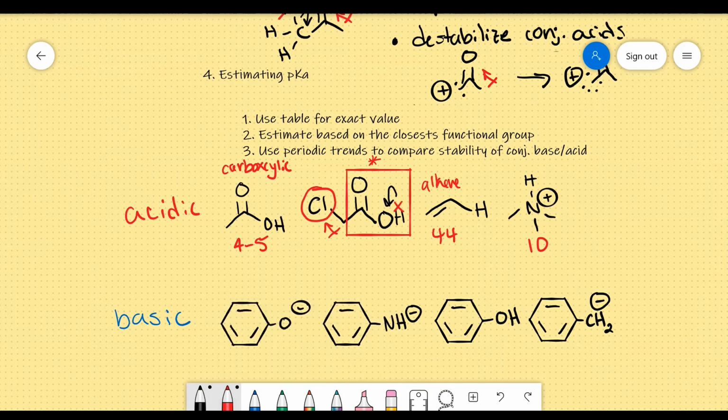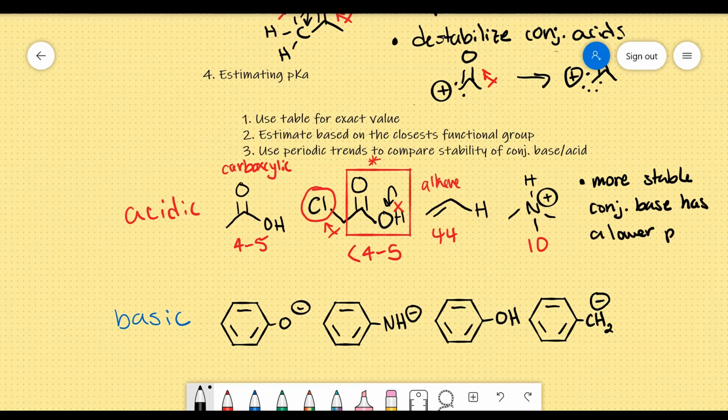So we're not going to give this one an exact value, but we're going to say that it's less than 4 to 5. And I want to make this apparent that a more stable conjugate base has a lower pKa.